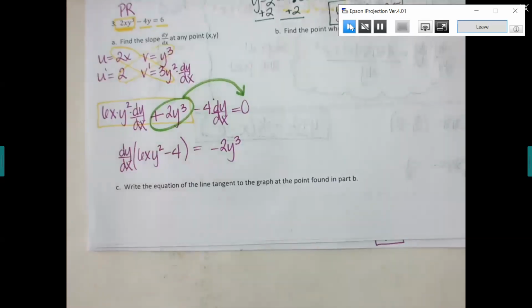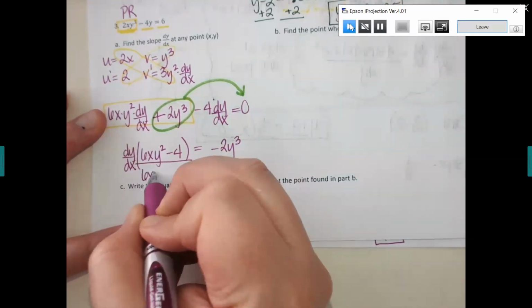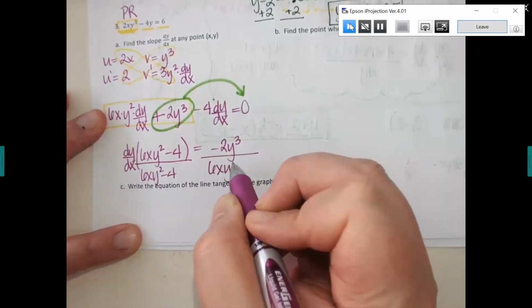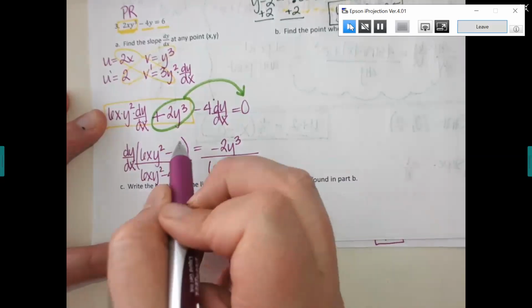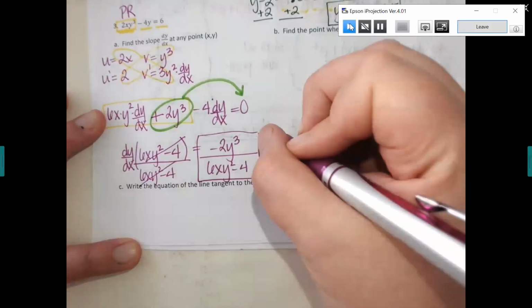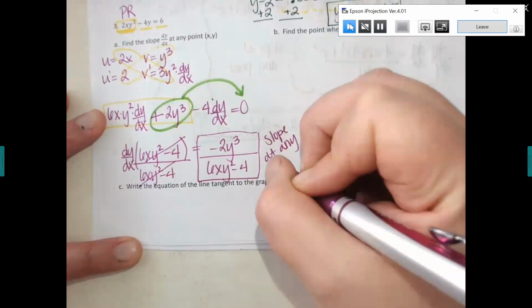Okay, then we know that term ends up where when we solve it? Underneath, because we have to divide to get it there. Okay, so 6xy squared minus 4. And remember that that is your slope at any point x comma y.